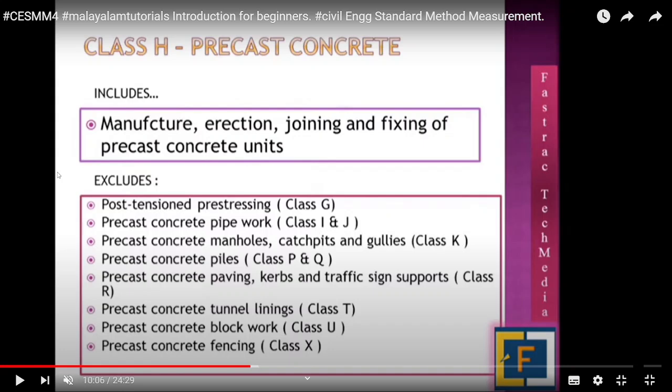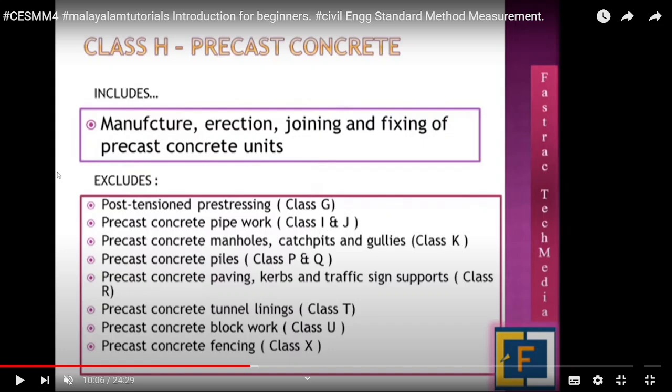So, whenever we think about precast concrete, don't think that class H includes everything, because you have to check what is excluded. See, there's a big list, around 8 items with different classes, separately measured.